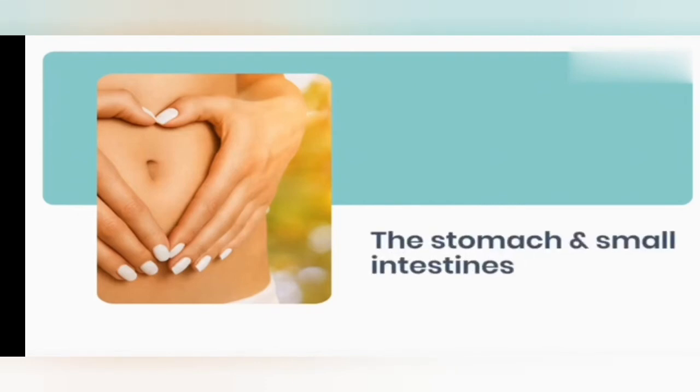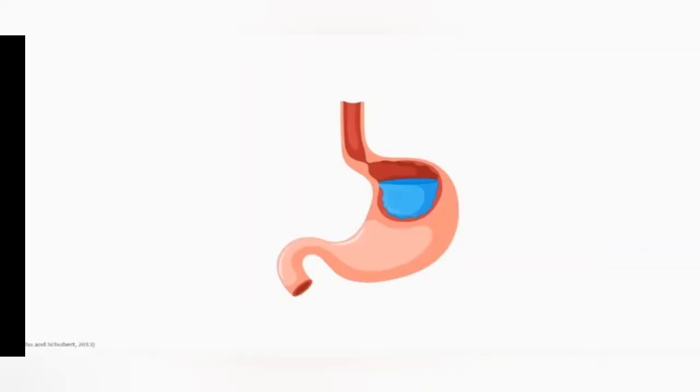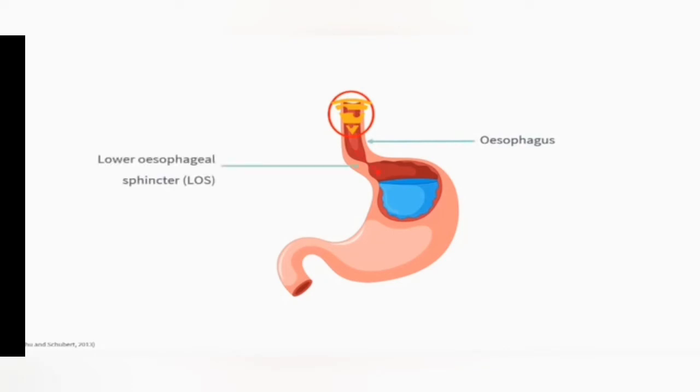Let's discuss a very important organ in the digestive system, the stomach. The stomach starts from the esophagus. Where the esophagus opens into the stomach, there is the lower esophageal sphincter. There are three parts of the stomach: fundus, body, and pylorus.